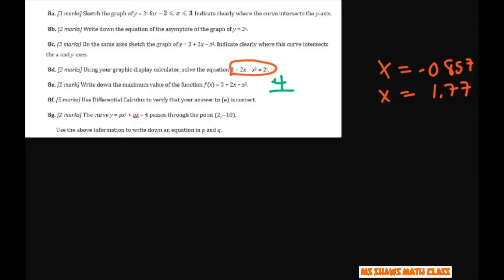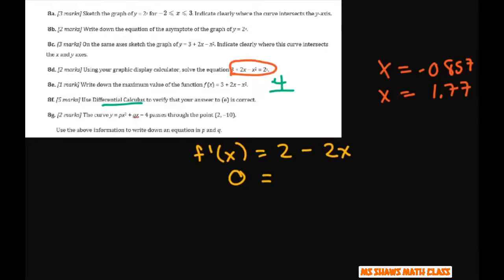Use differential calculus to verify that your answer is correct in E. So let's take f prime of x equals 2 minus 2x. And so you set this to 0, and you get 2 minus 2x equals 0.